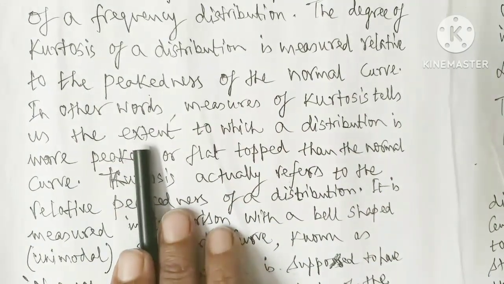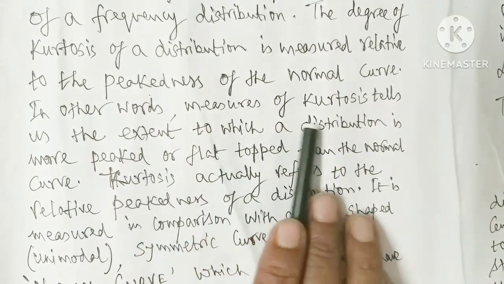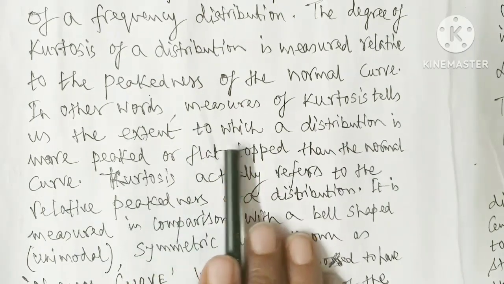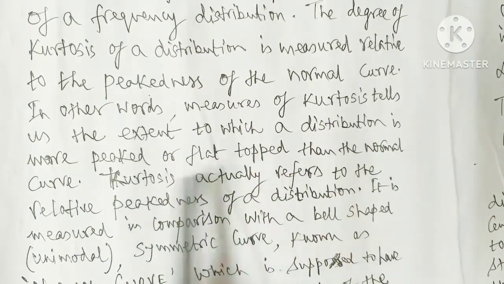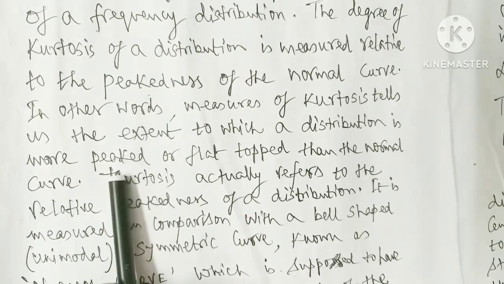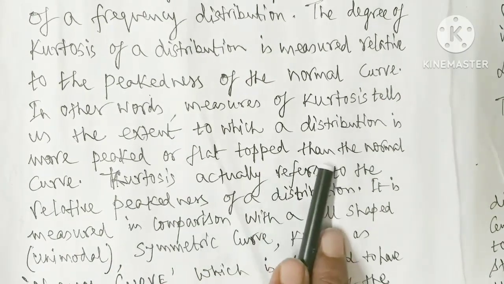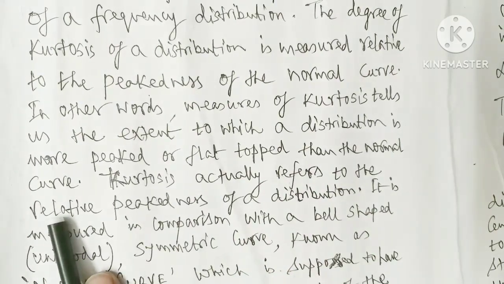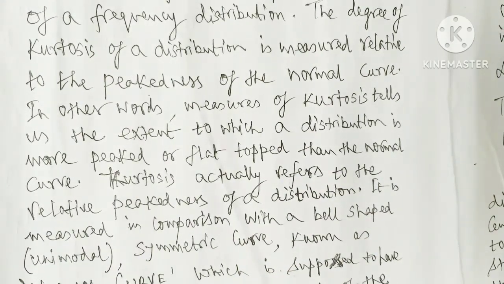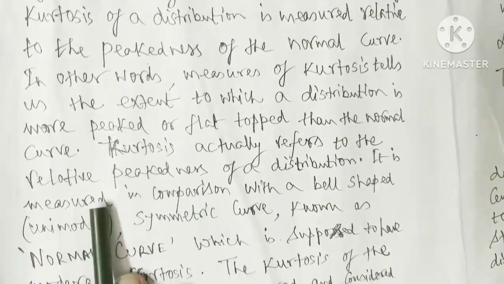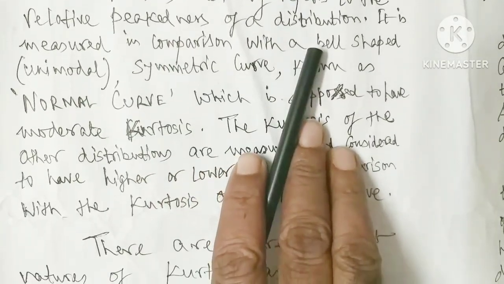In other words, measures of kurtosis tell us the extent to which a distribution is more peaked or flat topped than the normal curve. That is, kurtosis is measured on the basis of the normal curve. With respect to the normal curve, kurtosis actually refers to the relative peakedness of a distribution.